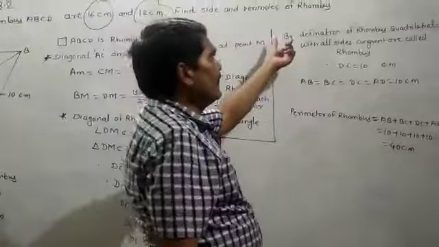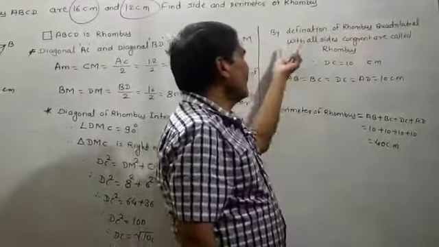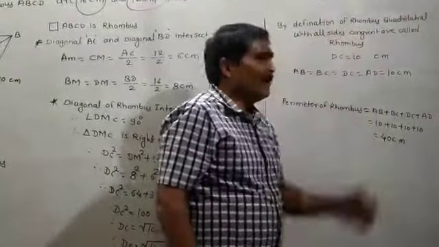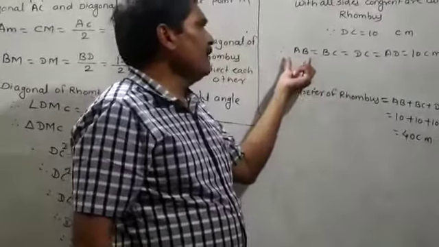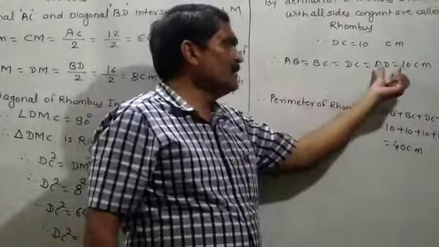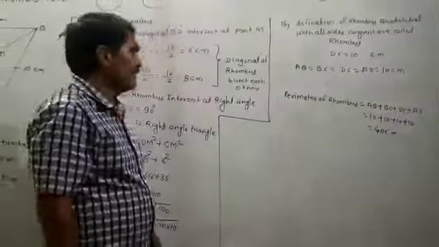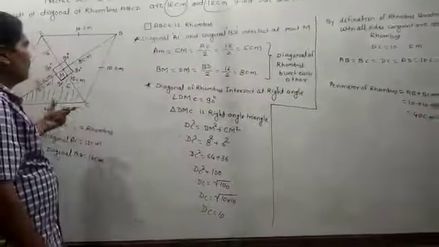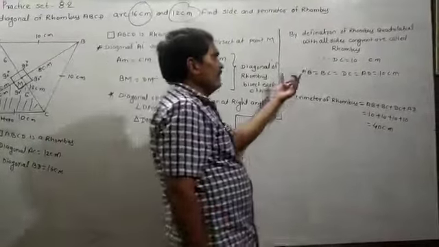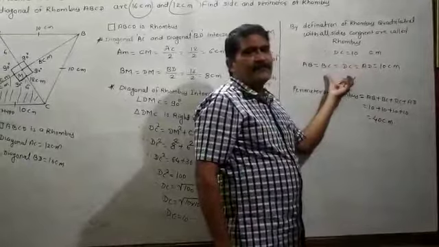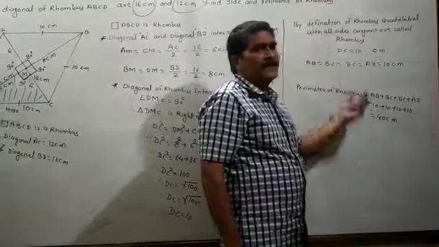By the definition of the rhombus, the quadrilateral with all sides congruent is called the rhombus. When DC is equal to 10, at that time AB is equal to BC is equal to DC is equal to AD is equal to 10 centimeter. Means every side of the rhombus will be 10 centimeter.